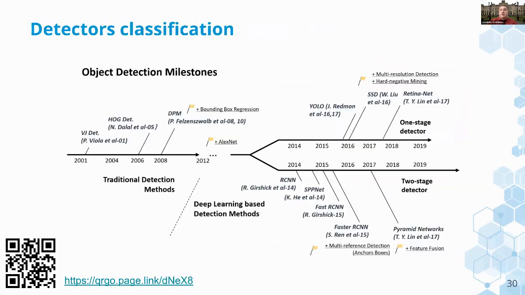So the release of SSD introduced a new family of object detectors, and nowadays we divide all object detection approaches into two categories. The first one is called two-stage detectors. This is the family of detectors in which at the first stage we predict ROIs, possible locations of the objects, and then we classify these ROIs at the second stage.